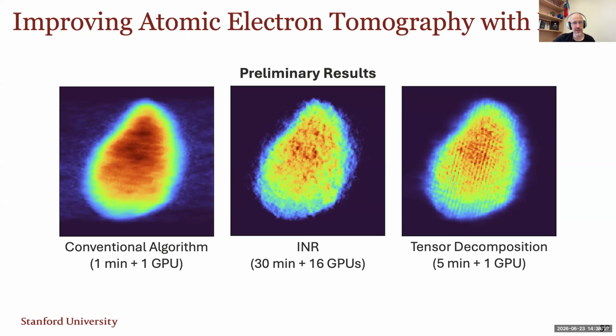And we're still working on the publication for this, but the code is available online. It seems like this architecture is much, much more effective applied to atomic resolution data. So here we're able to get the reconstruction time down to 5 minutes on a single GPU, but we're able to get all the atomic details. And not just that, but get the details at a much higher signal to noise than the conventional algorithm here.